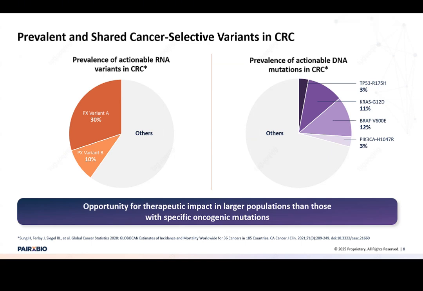On the right pie chart, you see that other than KRAS mutations and BRAF mutations, which are present in about 10% of those patients, the other actionable DNA mutations in colorectal cancers are present in only single-digit percentages of those patients. Whereas for the cancer-selective variants we find in colorectal cancer, some of these variants can be present in about 30% of those patients. So this represents an opportunity to make a bigger therapeutic effect in cancer patients.